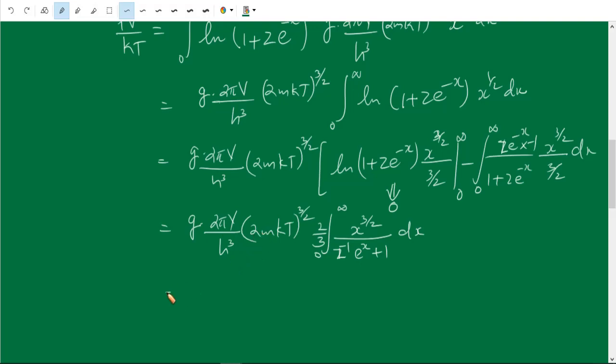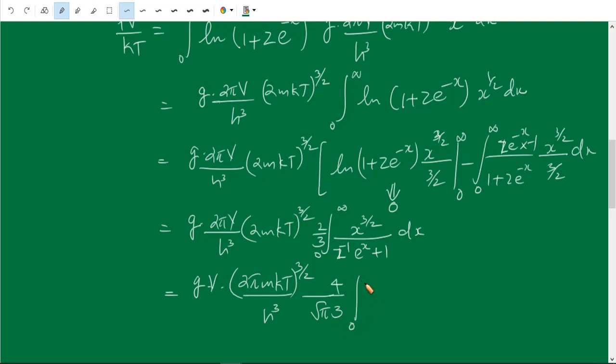So this is equal to g times, and here 2 is there, so I will multiply with root pi on both the numerator and denominator, so this will become g V (2 pi m k T) whole raised to 3/2 divided by h cube. So root pi I have multiplied, therefore root pi 3/4.